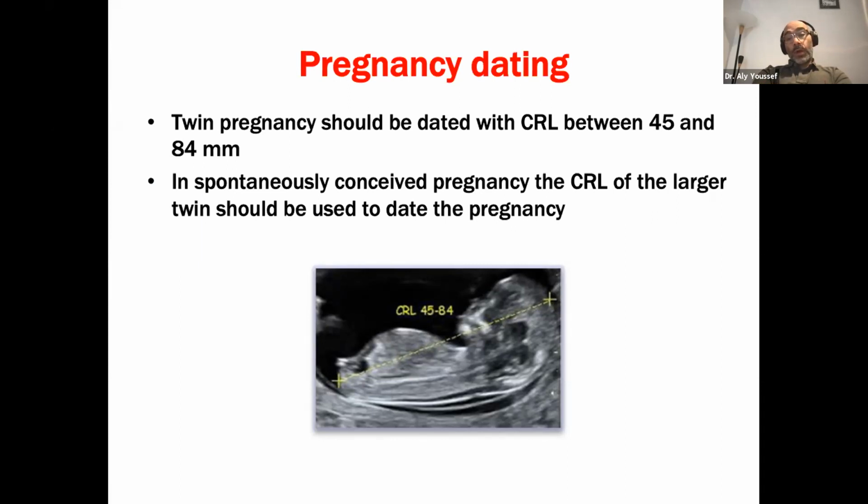Well, most of the experts' opinion agree that in spontaneously conceived pregnancies, the CRL of the larger twin is the most appropriate one, because if we use the small one or the average, that would probably underestimate the gestational age, and thus we can miss some cases or have a late diagnosis of selective fetal growth restriction.